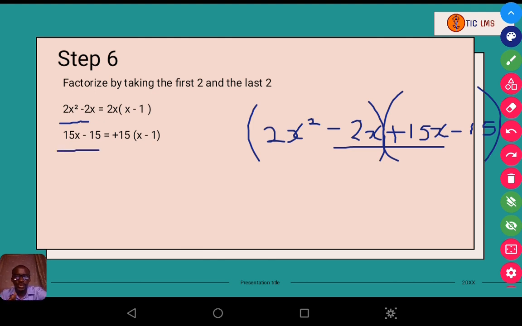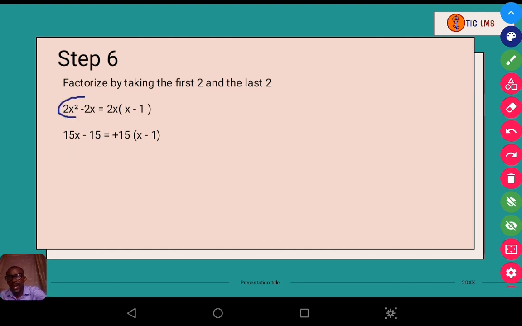Now factorize means that you want to get a number or a letter that is common to this side and this side. So if you look at 2x squared minus 2x, you realize that here you have 2 and here you have 2. So 2 is common.